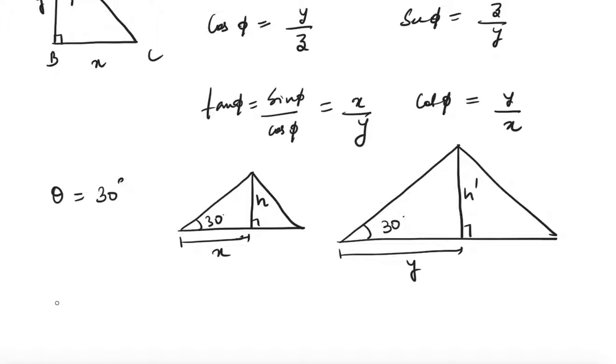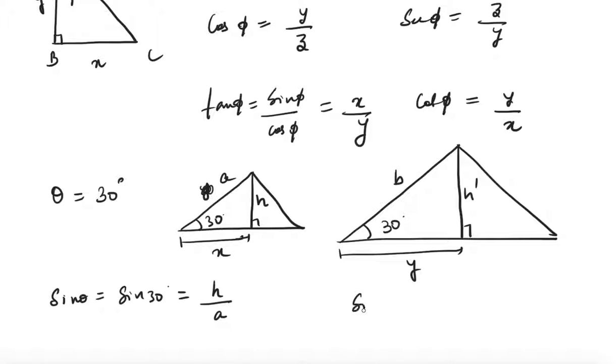Now if I need to write sine theta for the first triangle, which is equal to sine 30 degrees, sine 30 is perpendicular by hypotenuse. Say this is a, and this is b. Sine 30 is perpendicular by hypotenuse, so this becomes h by a.